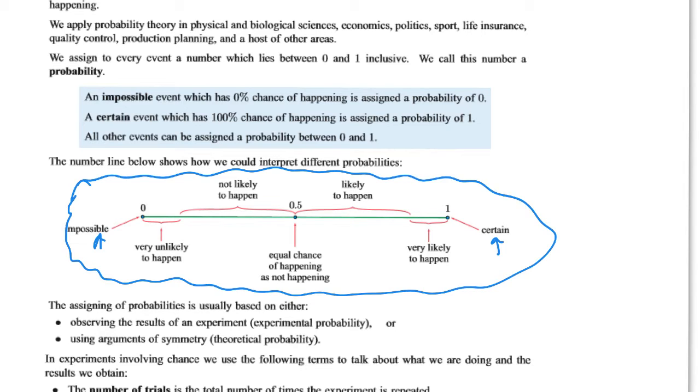If we're right here in the middle, we're at that 50-50 spot where we have an equal chance of something happening or not happening. If we're below 0.5, we're in the more not likely to happen range, while above 0.5, we're in the likely to happen. And as we close in on 1, we become very likely to happen. And as we close in on 0, we become very unlikely to happen.